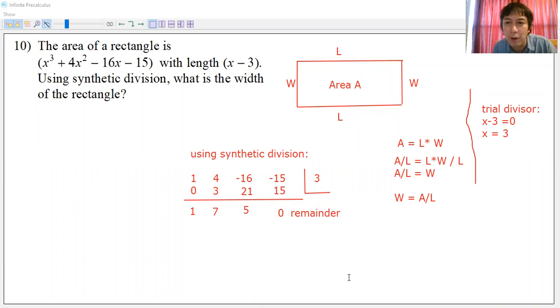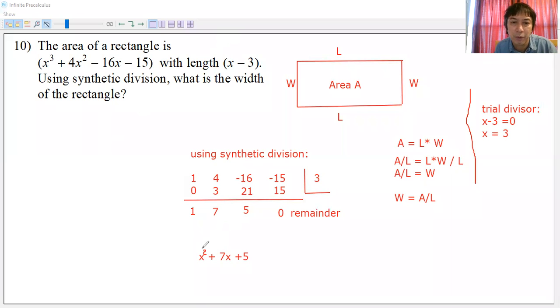All right. And so our width will be the polynomial x squared plus 7x plus 5, and this will be squared, of course. Let me put the number 2. There.